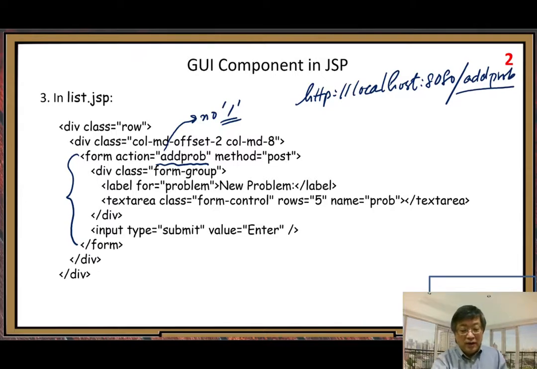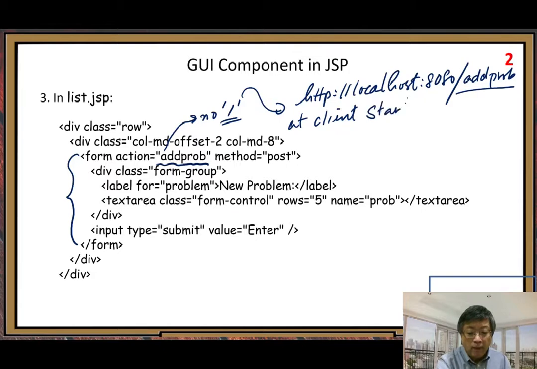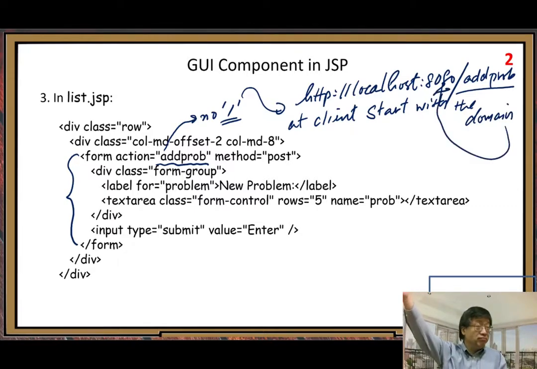Why? The reason is the slash at the client side starts with the domain. So that's why the web application name is gone.